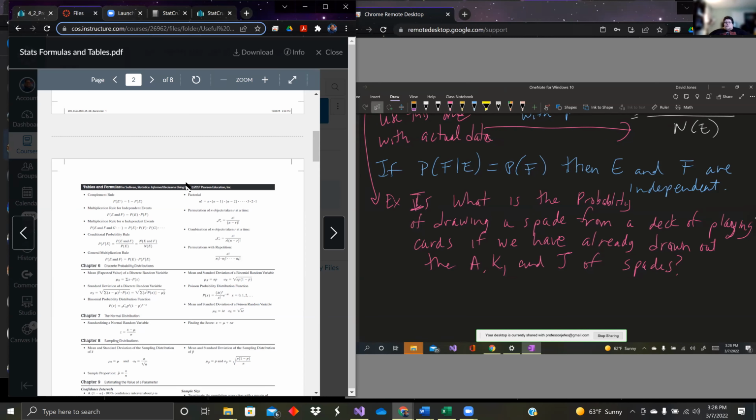Now you can go through and use the formula, probability of F given ace, king, queen, and jack are out, and use that formula up above, or you could just reason it out. Each suit has 13 cards. If I've drawn the ace, king, and jack, I have 10 left.